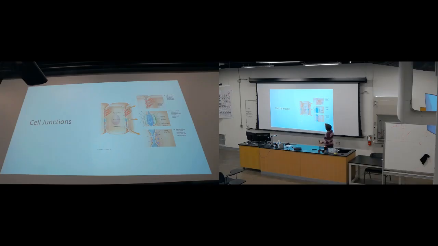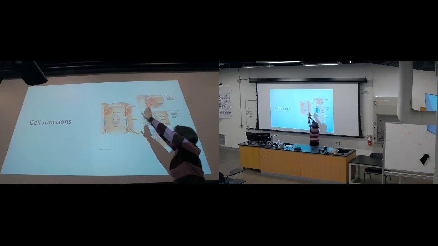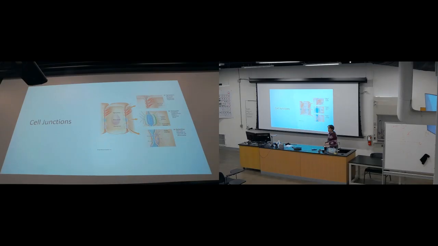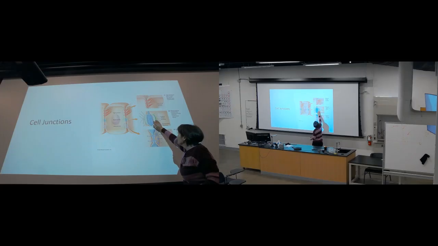So if you magnify each of these junctions, you can see that the tight junctions keep these two plasma membranes from the cells very close. So that's why they're tight junctions. It's like a seal. And then the hemidesmosomes have integral linker proteins, and then they have intermediate filaments.